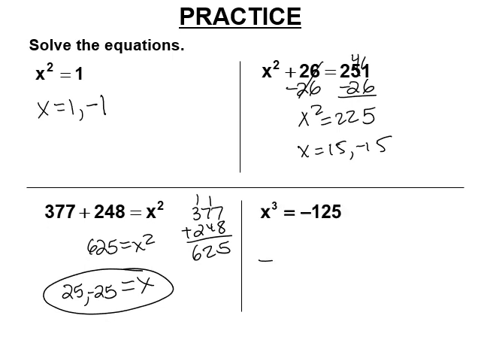That's a cubic. Blank times blank times blank equals negative 125. That's only going to have one answer, and that answer is negative 5.